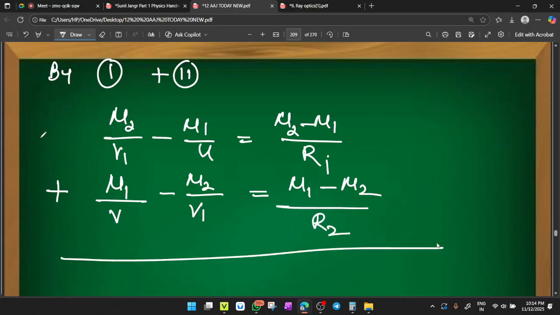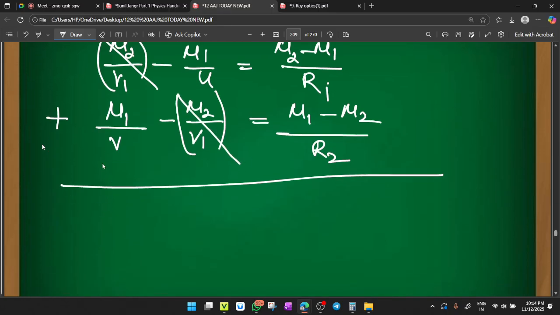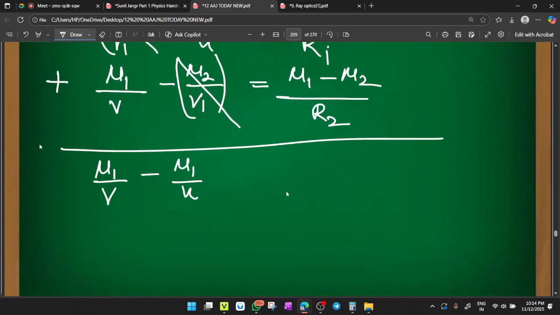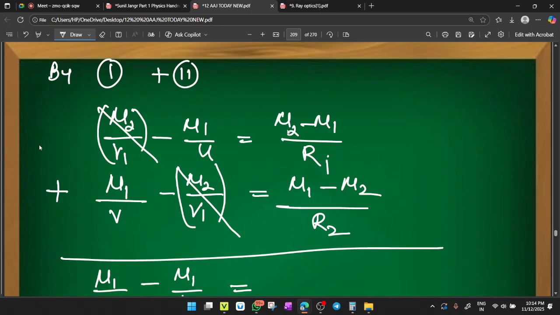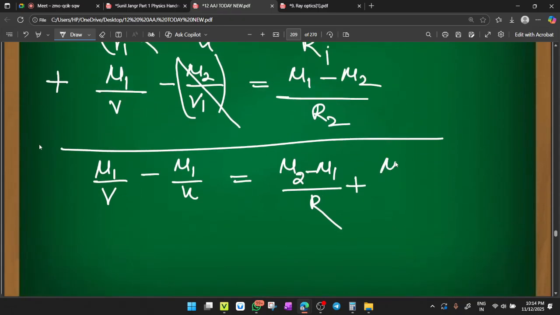Clear? Now add them. You check, this term and this term are the same, having different signs, so they will cancel each other. Here it will be mu1 upon v minus mu1 upon u equals mu2 minus mu1 upon r1 plus mu1 minus mu2 upon r2.